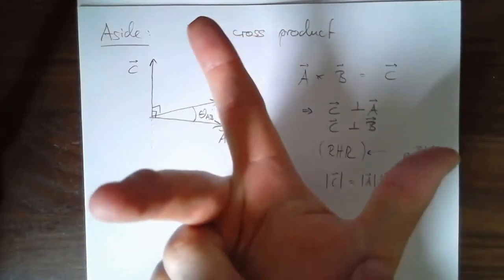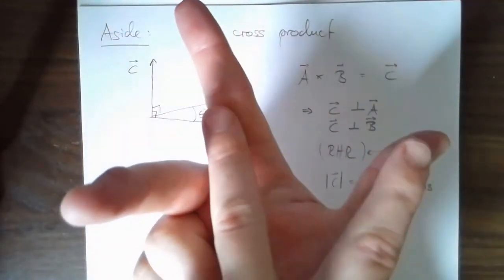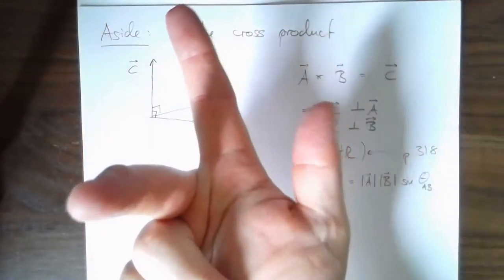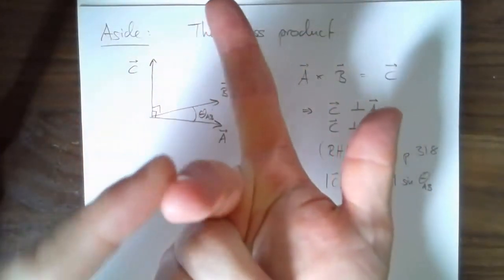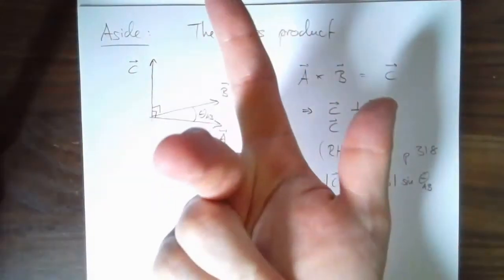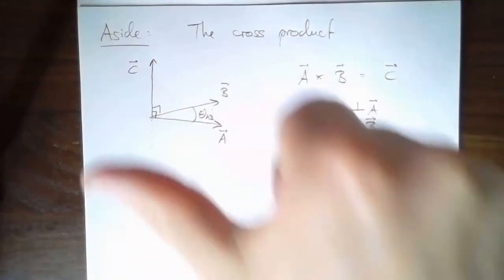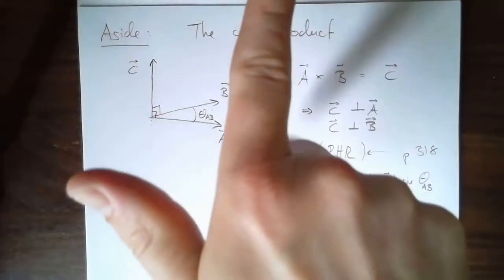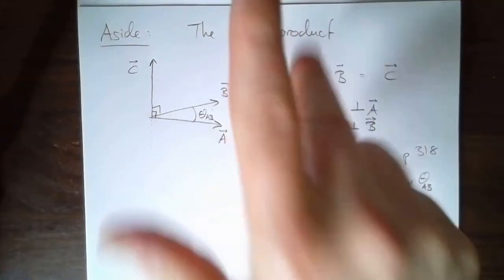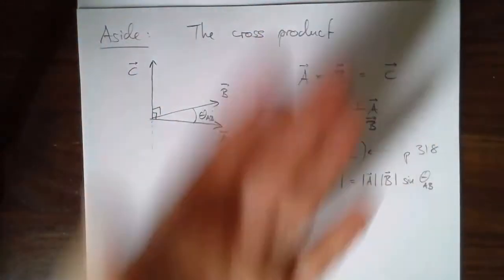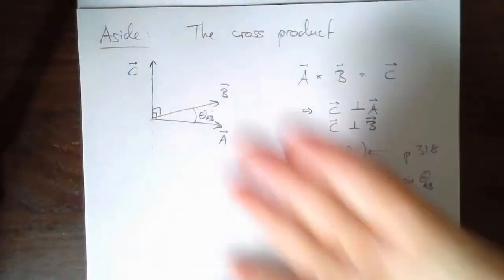And you can tell that even if A and B are not perpendicular to each other, like they're more like this, there's still only one direction in which my middle finger can point. If A is this way, B is that way, that means my middle finger would be pointing down. Of course, you have to make sure you use the right hand and not the left hand.